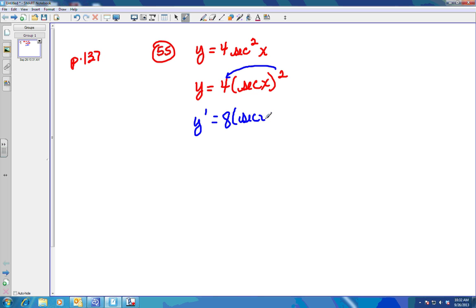Keep the inside. Subtract 1 from your exponent times the derivative of your inside. The derivative of secant x is secant x tangent x. So now, the only way I can simplify this, I have a secant x times secant x. I can write that as secant squared x tangent x. And that's your answer.